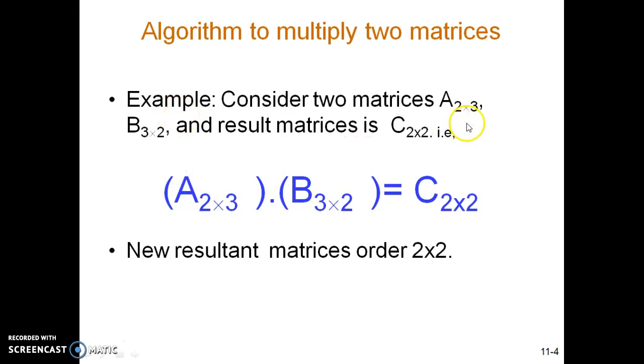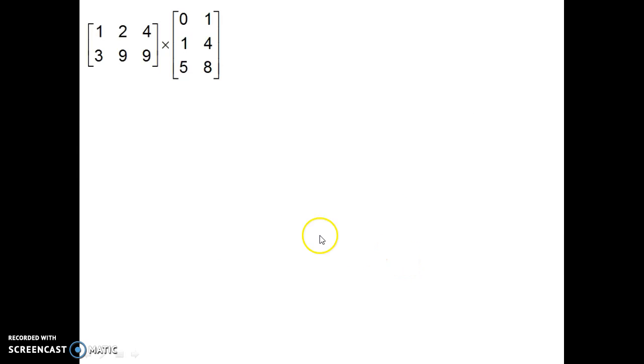Example, consider two matrices A and B. A's order is 2 cross 3 and B's order is 3 cross 2, and the resultant matrix becomes C, 2 cross 2. Let A be the matrix with elements 1, 2, 4, 3, 9, 9, whose order is 2 cross 3, and B the matrix with 3 rows and 2 columns, and elements 0, 1, 1, 4, 5, 8.